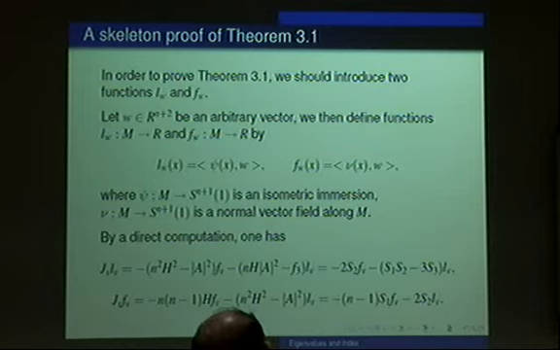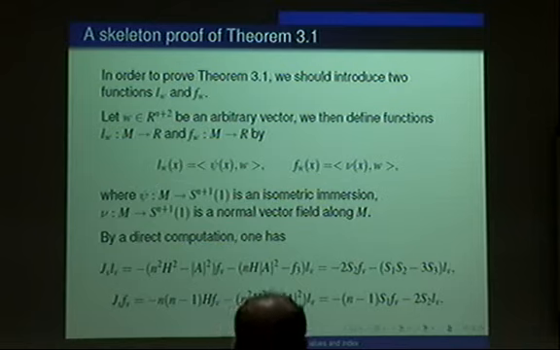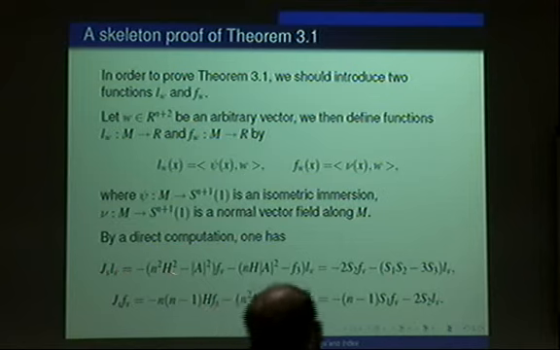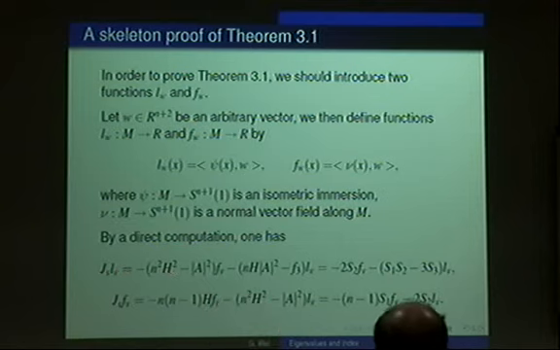For an arbitrary vector W, we define the functions RW and FW as follows. Here psi means the immersion from M to the unit sphere, and nu means the normal vector. By a direct calculation, we get the Jacobi operator applied to RV equal to this one, and the Jacobi operator applied to FV equal to this one.